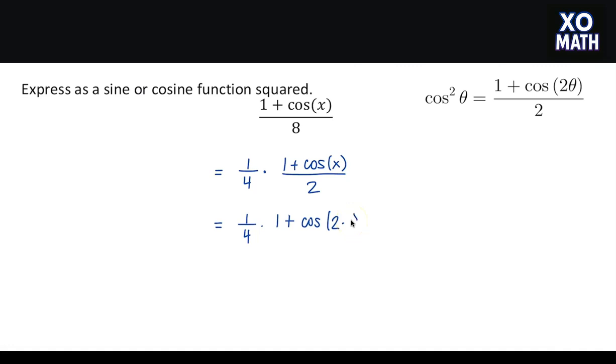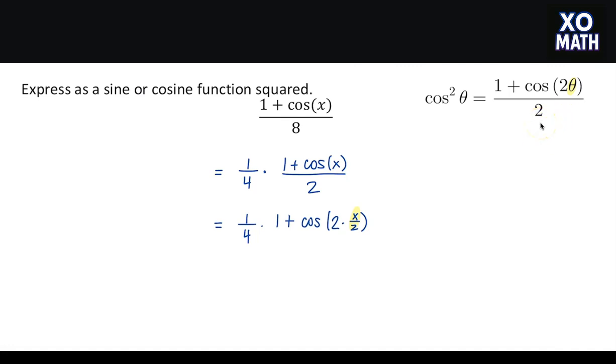Well, that's going to be 2 times x over 2. So 2 divided by 2 is 1, so this is equivalent to just 1x right here. But now it has this form of 2 times a variable expression. So x over 2 is in the place of theta in my formula.